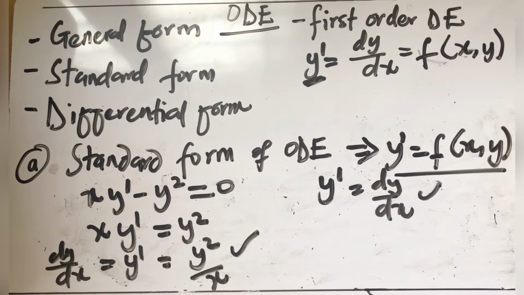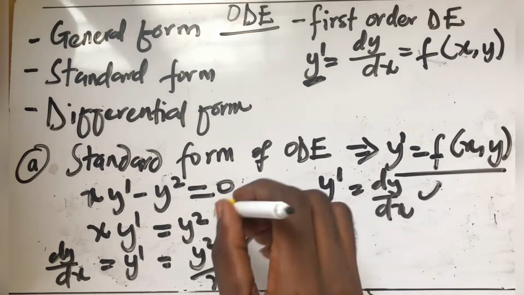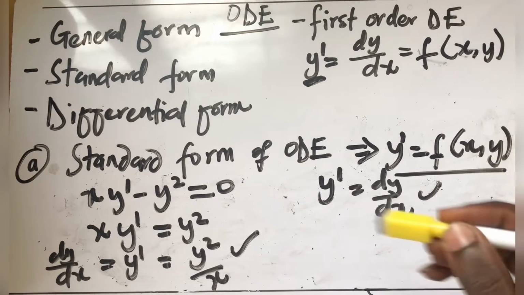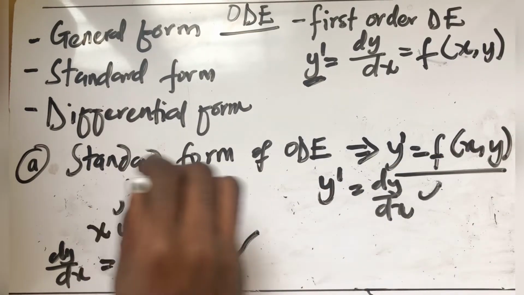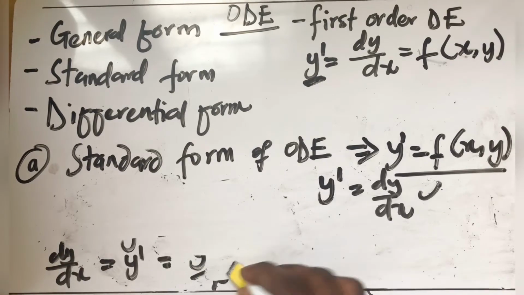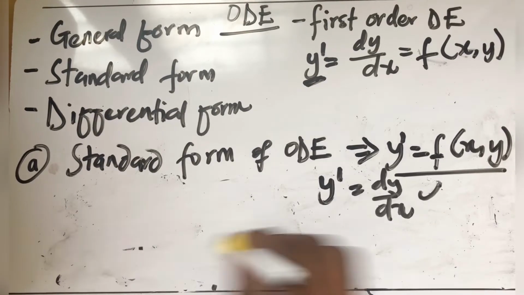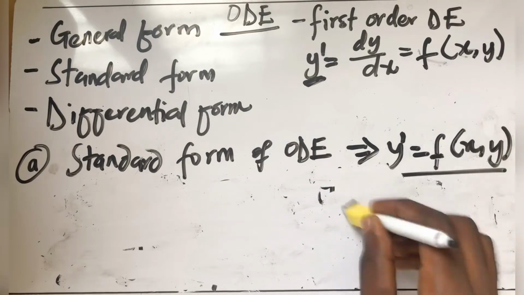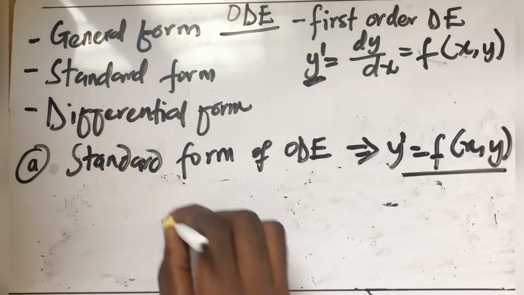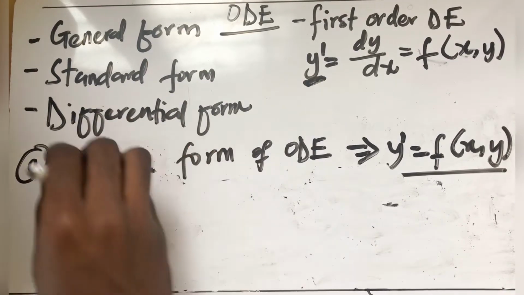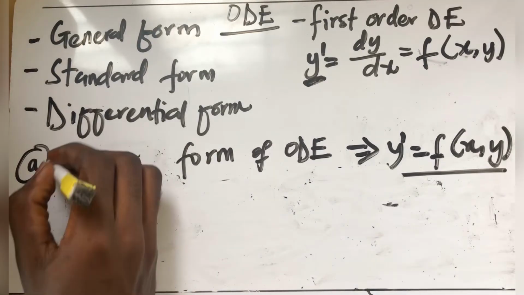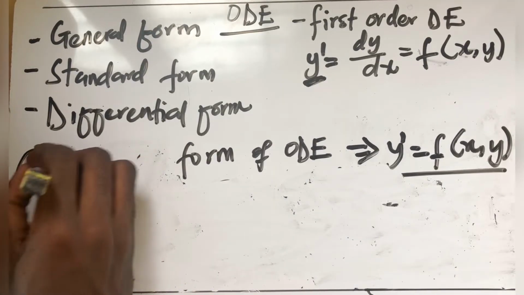Now, let's move on to the differential form of an ordinary differential equation, okay? Hope you understood this. So let's move on to the differential form of an ordinary differential equation, and how to notice it. Now, for the differential form of an ordinary differential equation, let's say this is C, okay?